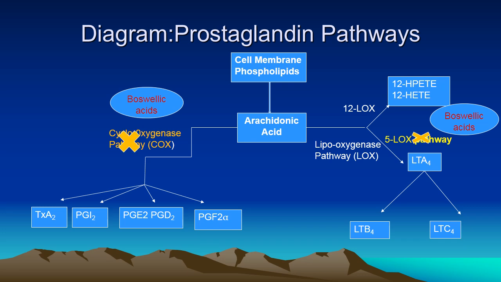And by inhibiting these two pathways in general, Boswellia and boswellic acids have very important anti-inflammatory activity in osteoarthritis. The cyclooxygenase pathway is the key pathway for inhibition by pain relievers and aspirin, but it is minor for boswellic acids.